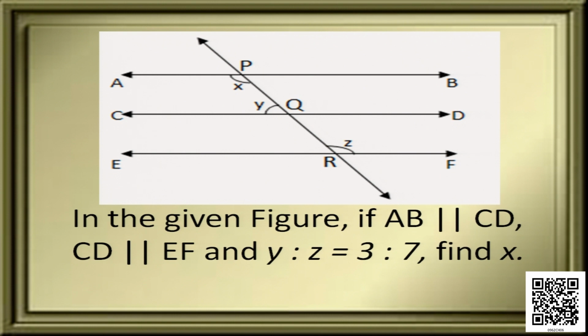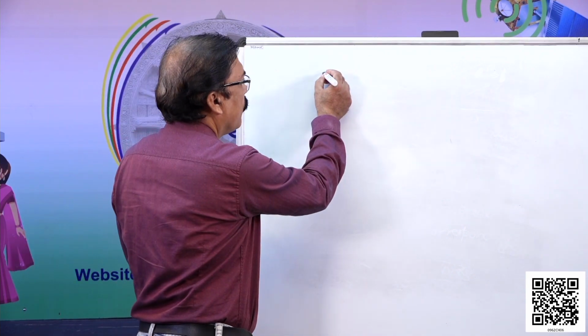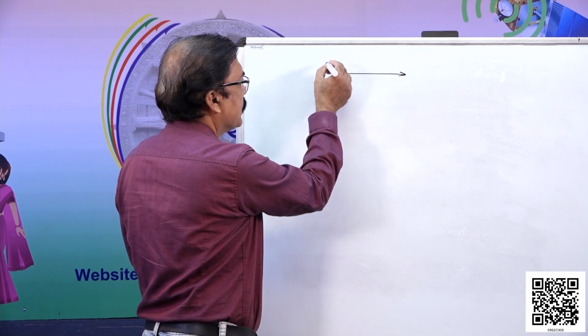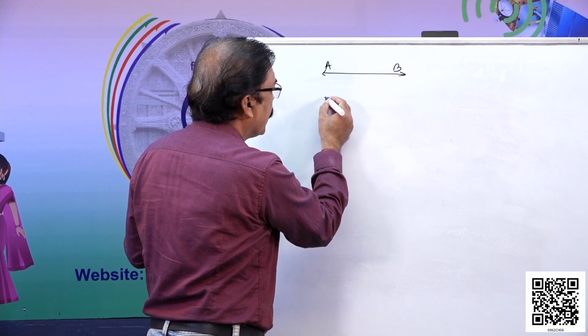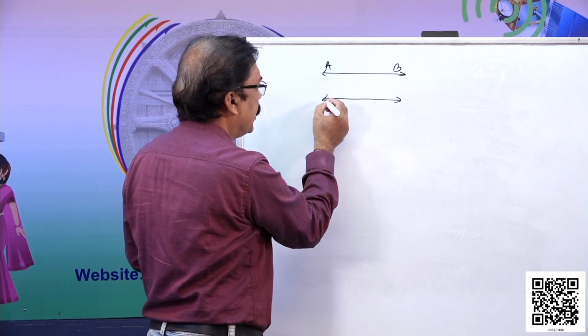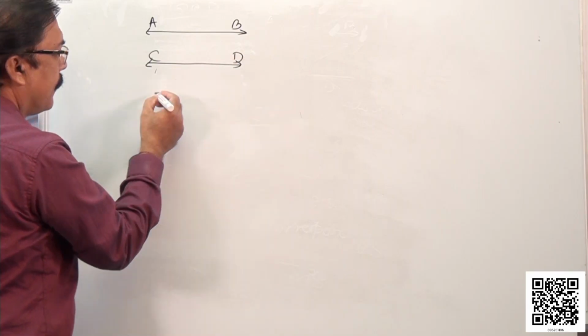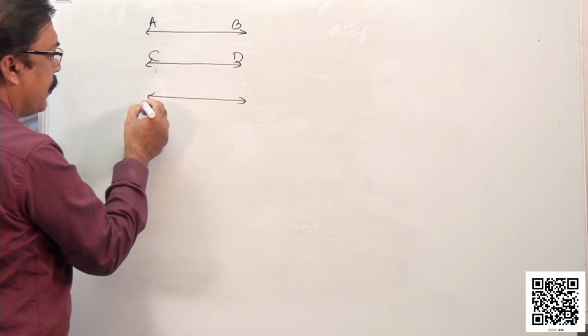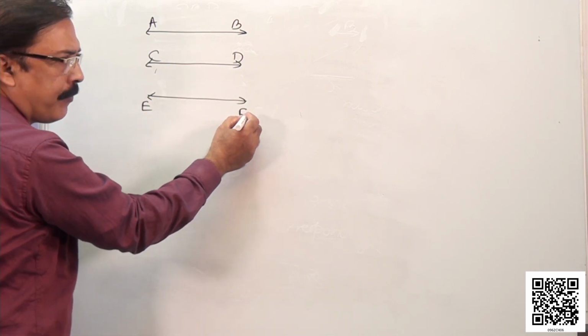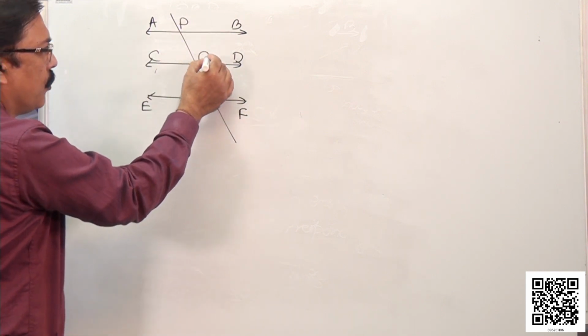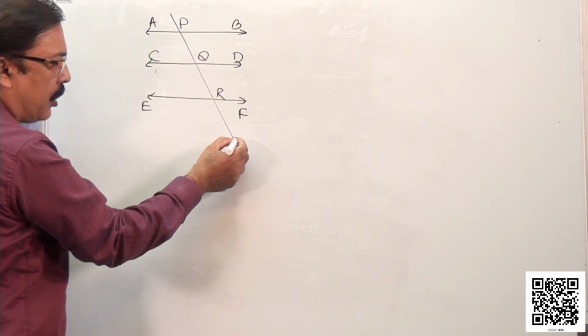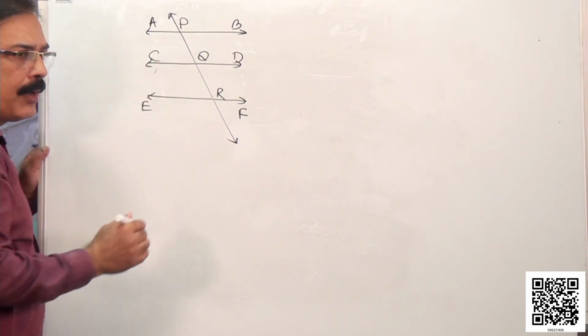Now let's have a look at this board. Here it is AB, CD and EF, where P, Q, R are the points of intersection.